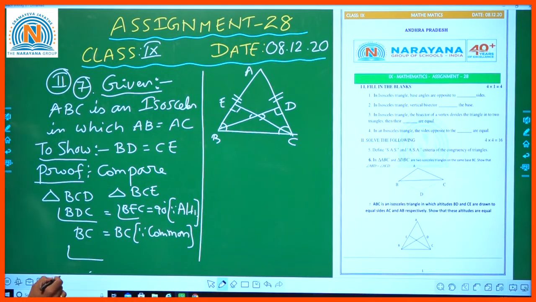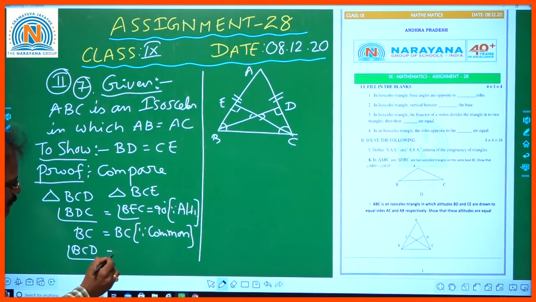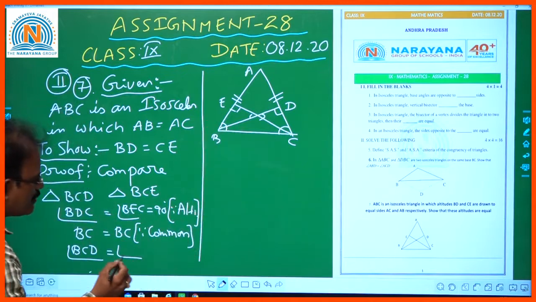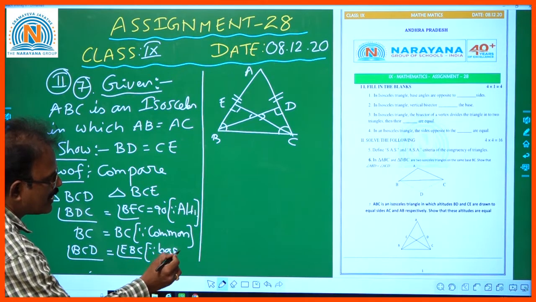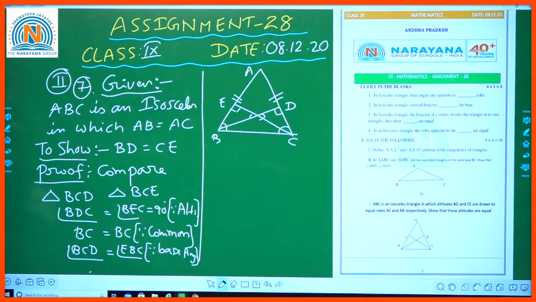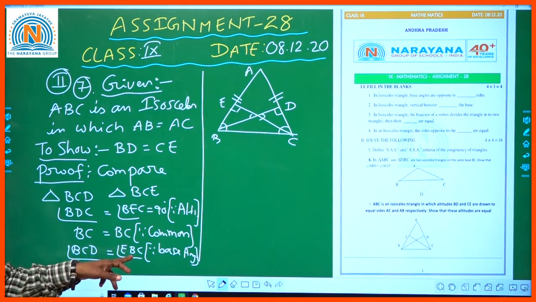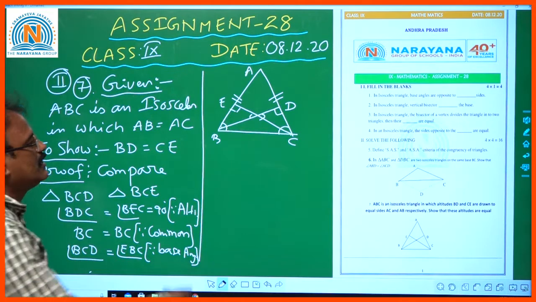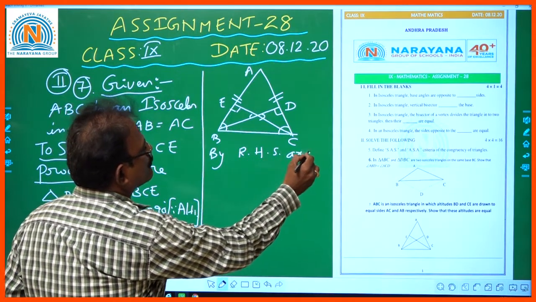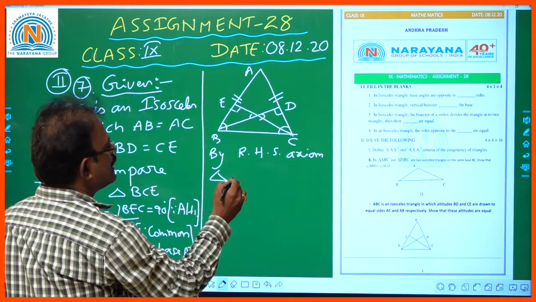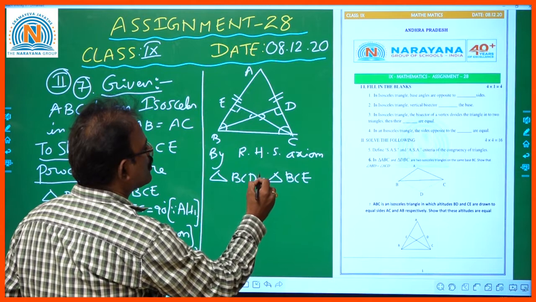Keep B in the middle. In BCD, keep C, BCD. And EBC, keep B in the middle. Since base angles in an isosceles triangle are equal, we have one right angle, opposite to the right angle the hypotenuse, and one leg of the right angle, one side. So by RHS axiom these two triangles are congruent. Triangle BCD, triangle BCE are congruent.